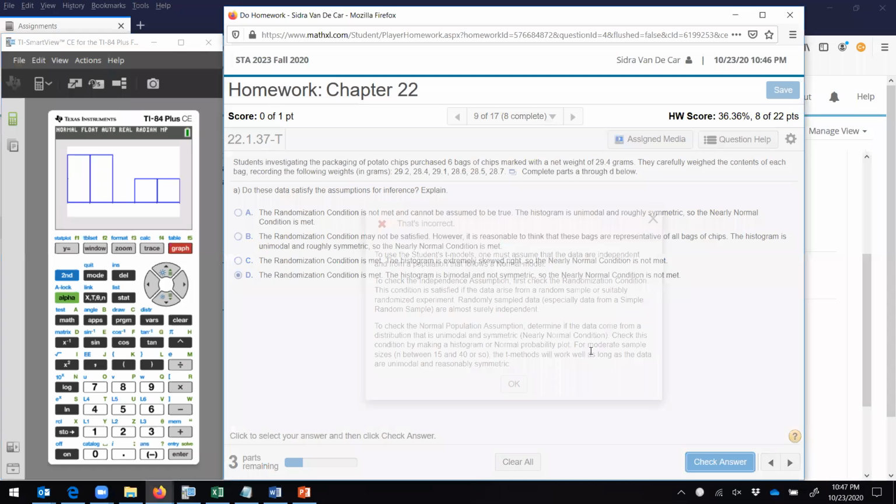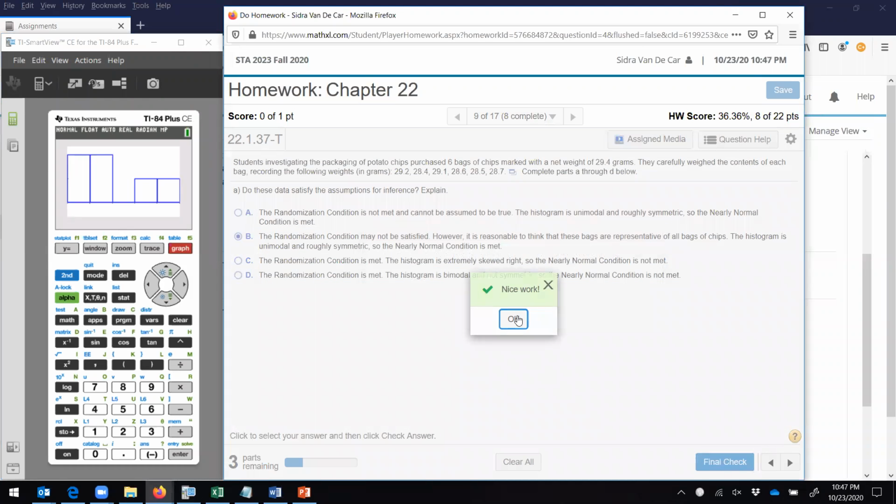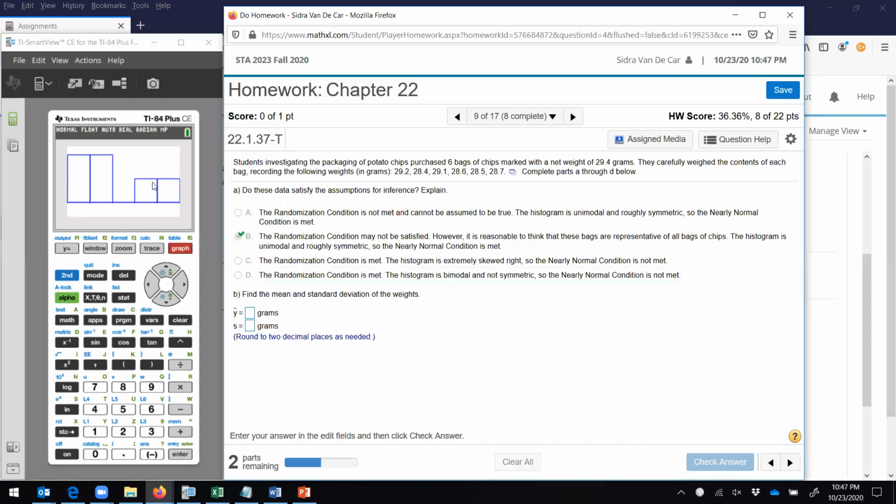Let's try it and see. No, it is going to say it's roughly unimodal and symmetric. I'm not sure I agree with that entirely. I would want more data in here to really classify that as unimodal and symmetric. That's a very rough symmetry.